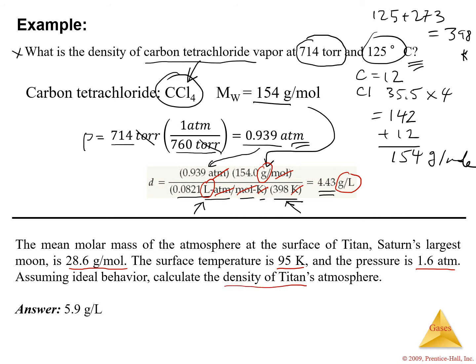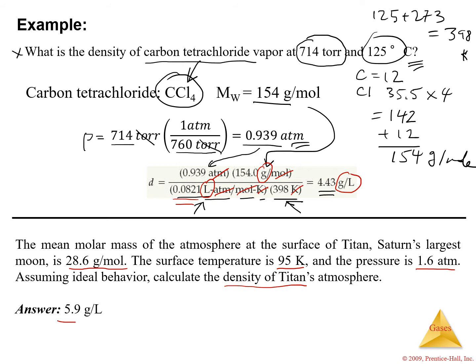And you can see in here that all the variables which are given to you are already in the proper units to use the value of R of 0.0821 liters per mole.